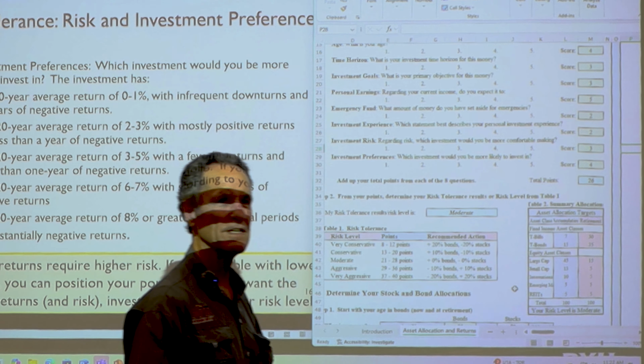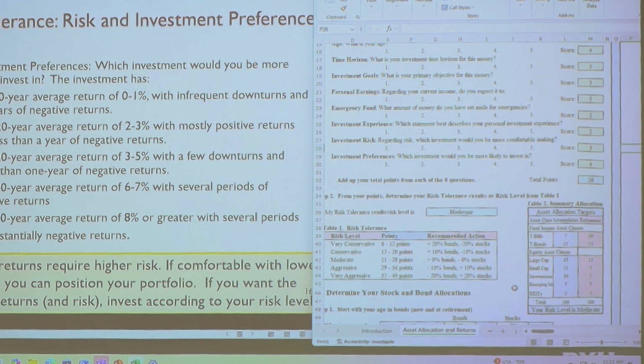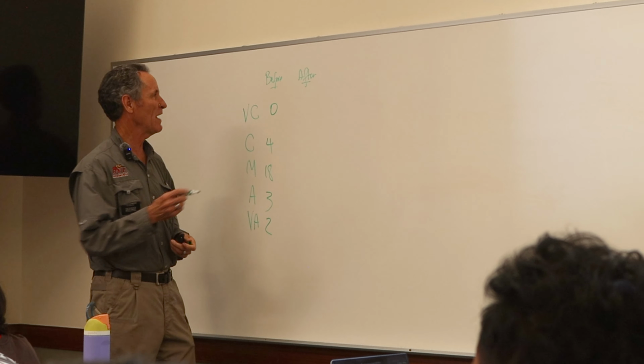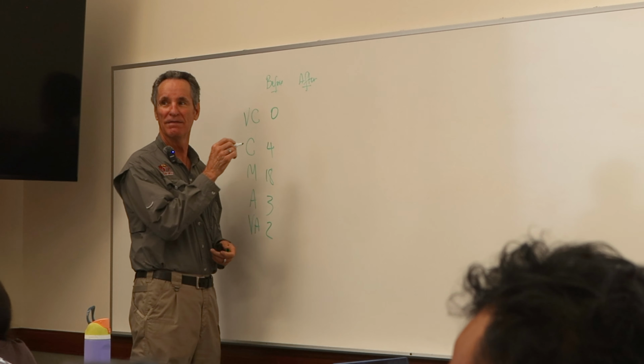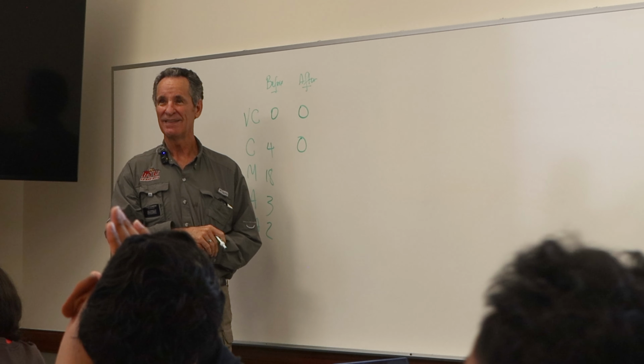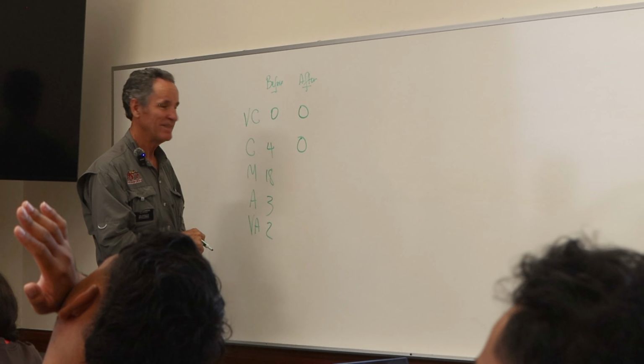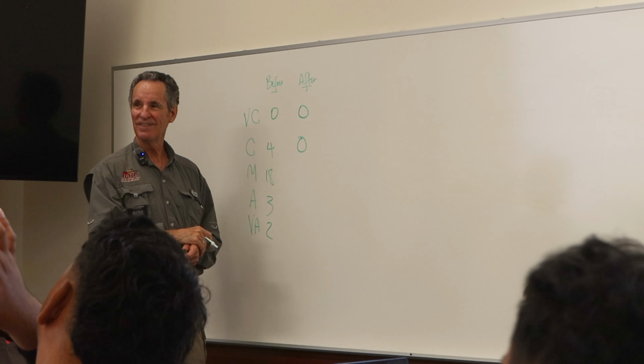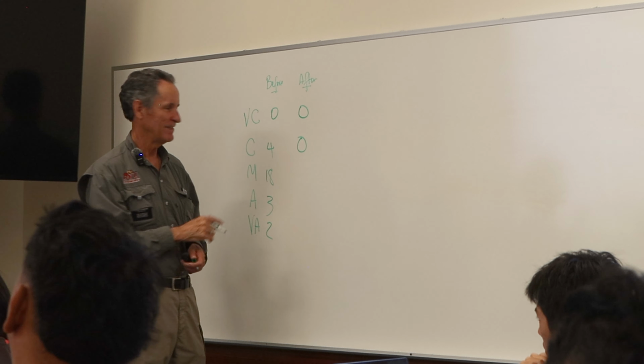Let's see how you guys did versus this risk tolerance test. How many people came across as very conservative? Nobody. How many were conservative? Nobody. How many were moderate? Wow, 13.